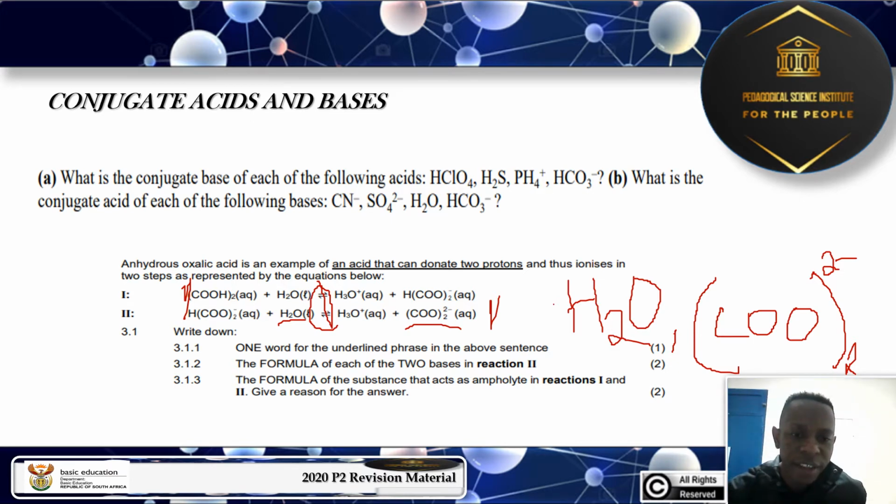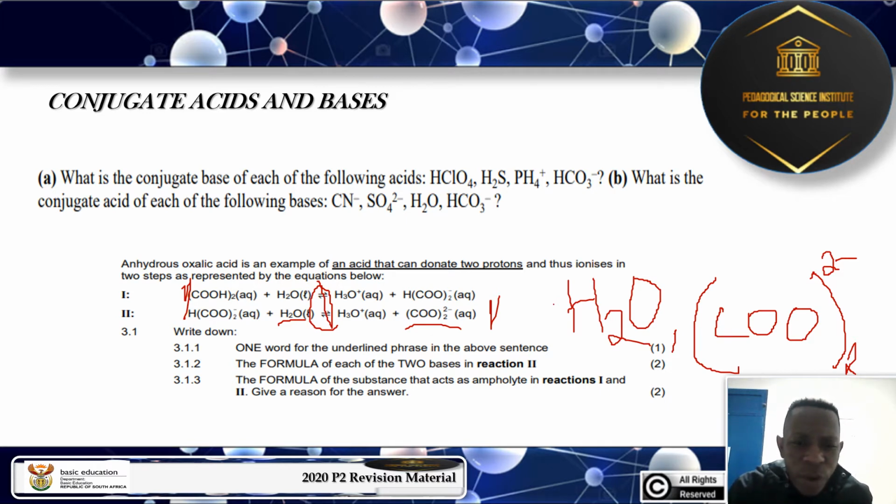So 3.1.3: the formula of the substance that acts as an ampholyte in reaction 1 and 2. What is an ampholyte? We have said that an ampholyte is a substance that can act as a base or acid depending on the other reactant. So let us look here. In the first equation we have H2O.